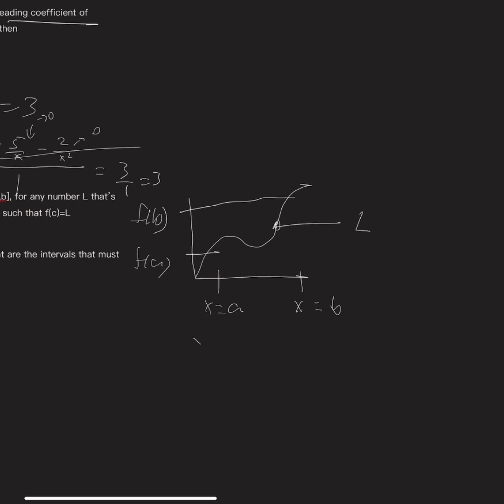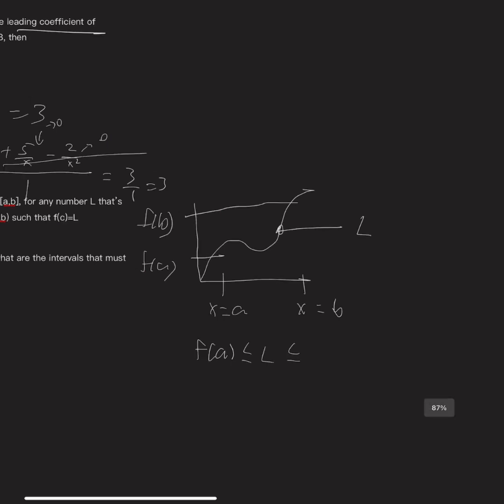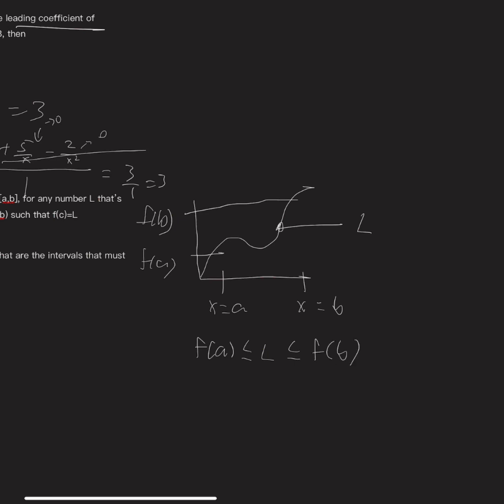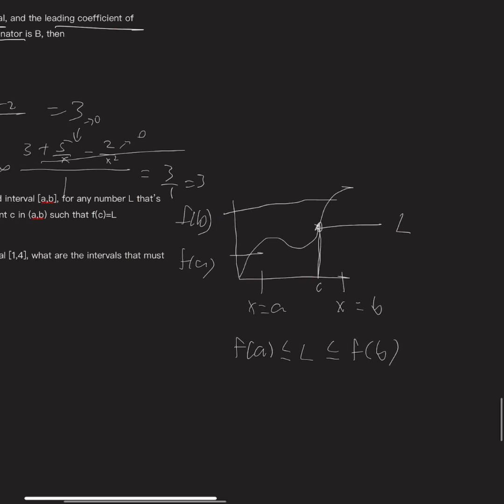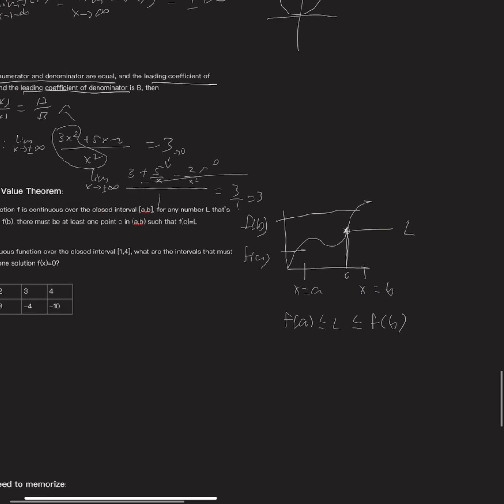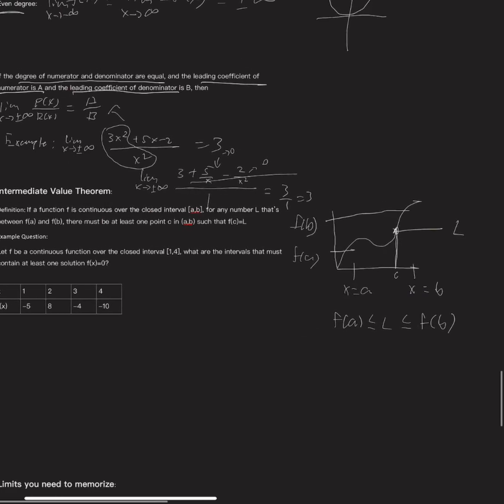In this case, f of a is less than or equal to L, which is less than or equal to f of b. There must be one point C between a and b. This point must exist. It's common sense, but we need to use the intermediate value theorem for this unit.